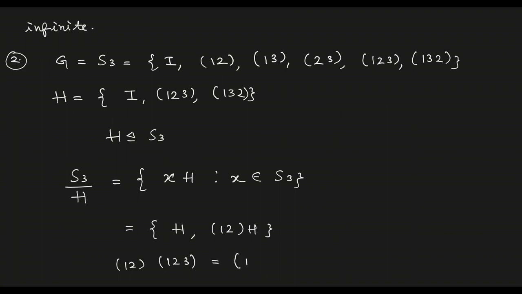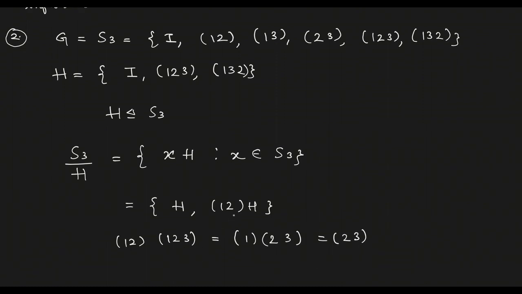Then 1 goes to 2, 2 goes to 1, 2 goes to 3, 3 goes to 3, 3 goes to 1, 1 goes to 2. So it will be (2 3). And if I take (2 3)H, meaning (2 3) times some element of H, (1 3 2), then I will get 1 goes to 3, 3 goes to 2, 2 goes to 1, 1 goes to 1, 3 goes to 2, 2 goes to 3.